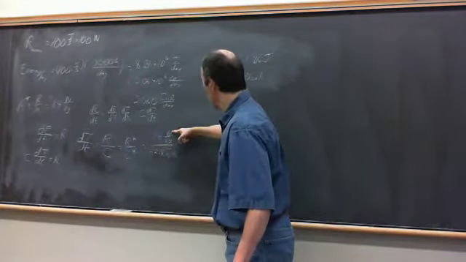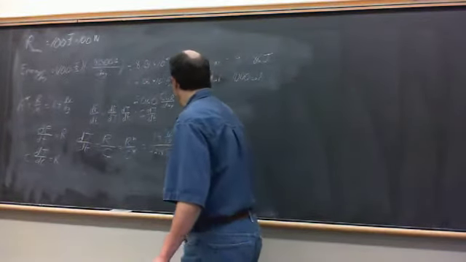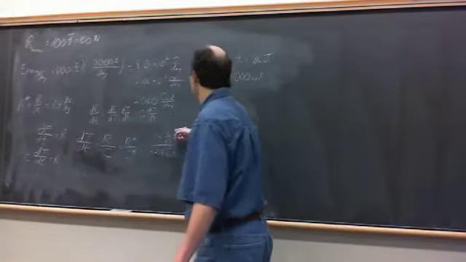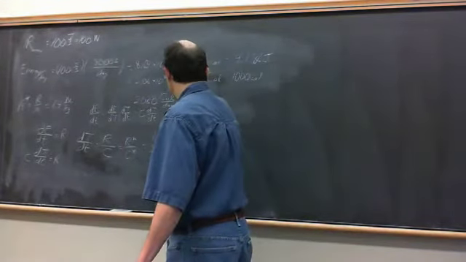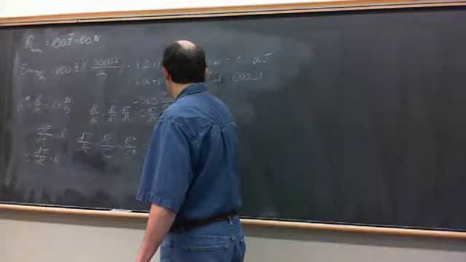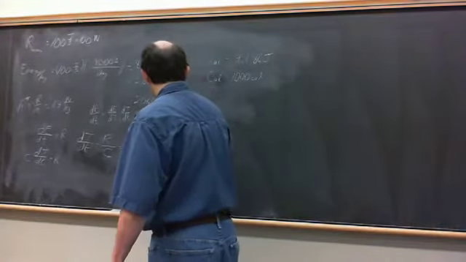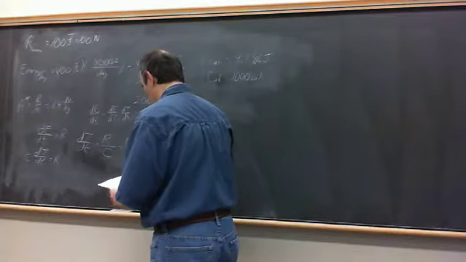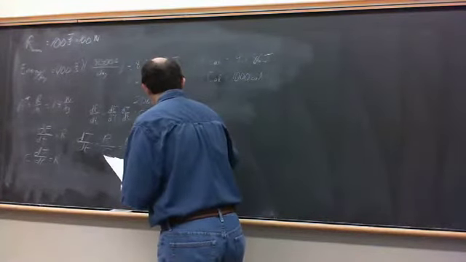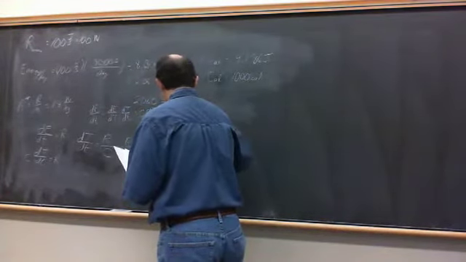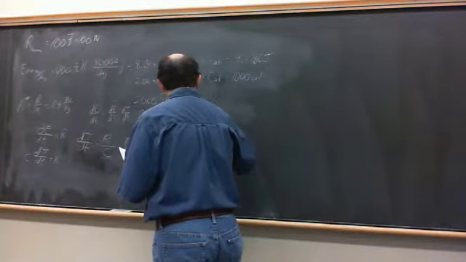Watts are really joules per second. So the per kilograms cancel, the joules cancel, and you get Kelvin per second. So if you do the math, you get 0.00033 Kelvin per second.